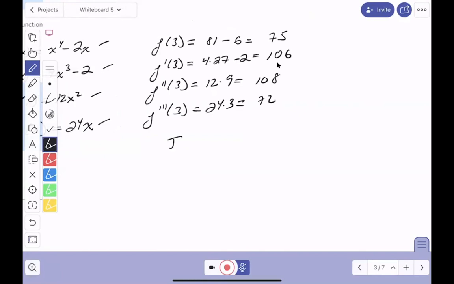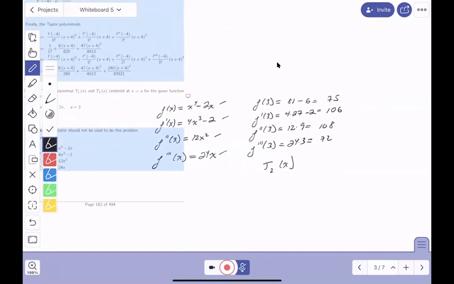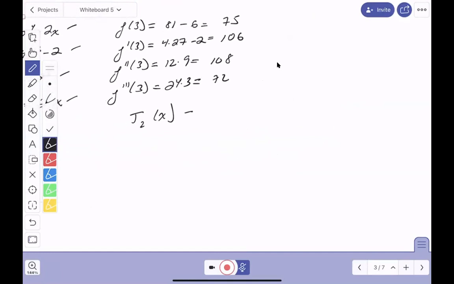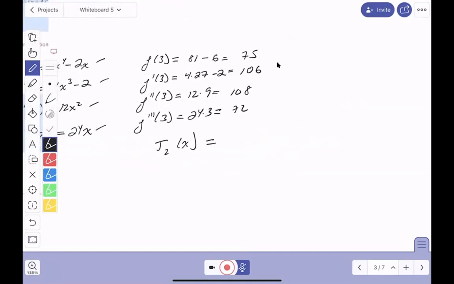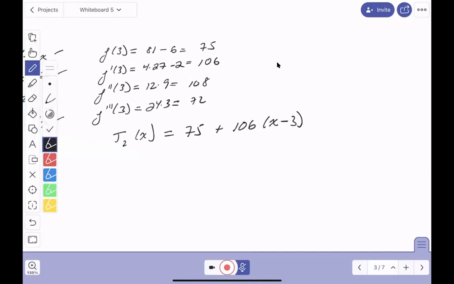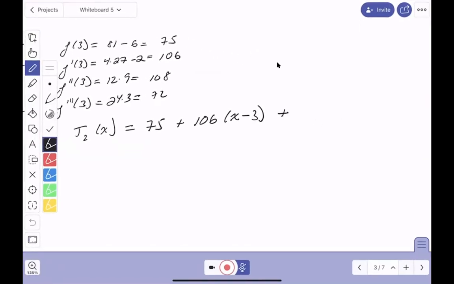So let's write down T2. I think they asked for that. Let me make sure of that. Yep, let's write it down. So let's put this down. It's going to be 75 plus 106 x minus 3 plus 108 x minus 3 squared over 2.